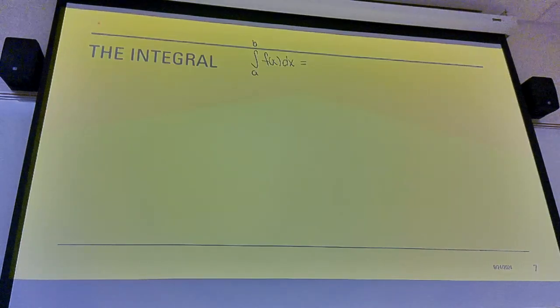It's a signed area between the curve and the x-axis. But that's the geometric. That's not what I want. I want the arbitrary. And I honestly wouldn't be surprised if you don't know this, because I'm probably the only one who still teaches the definition in Calc 1.